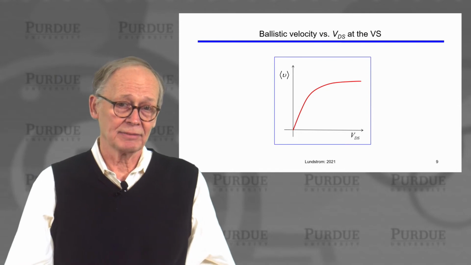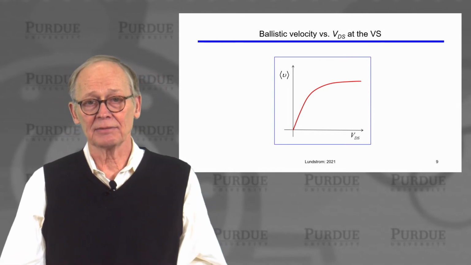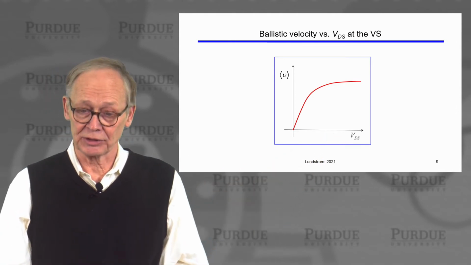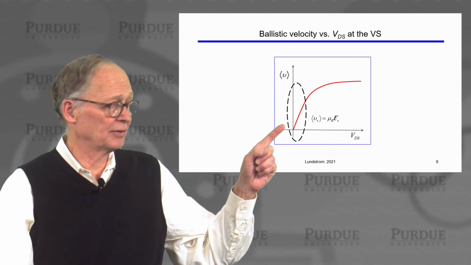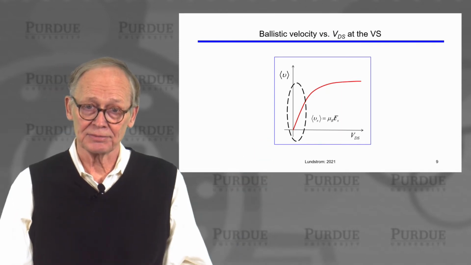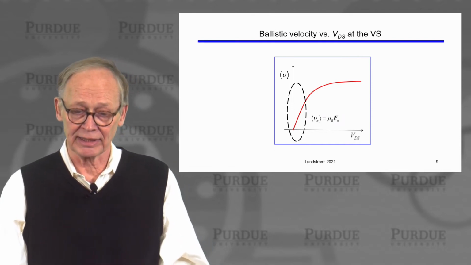It turns out we can actually plot at the virtual source the average velocity versus drain to source voltage. And we'll find that the velocity first increases linearly with drain voltage, or with electric field, which is drain to source voltage divided by channel length.